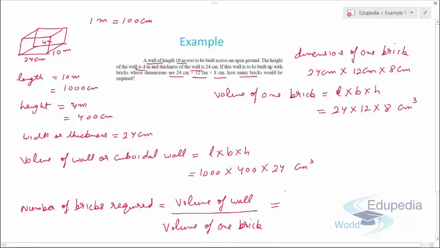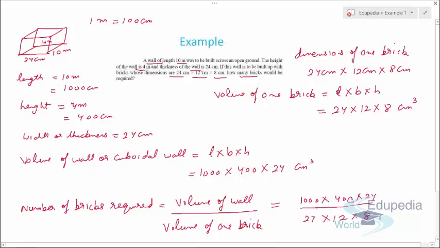Now, so volume of wall is 1000 times 400 times 24 upon volume of one brick is 24 times 12 times 8, right?